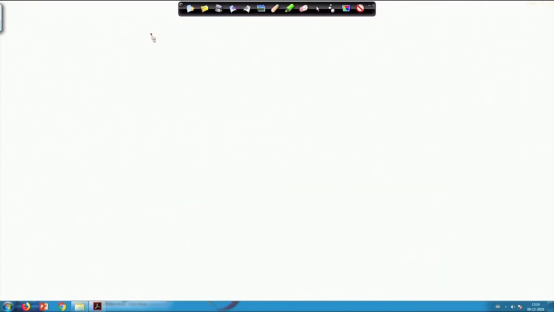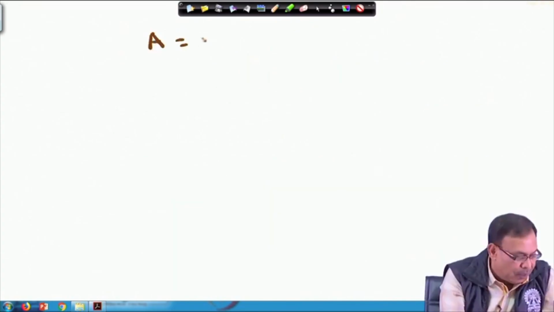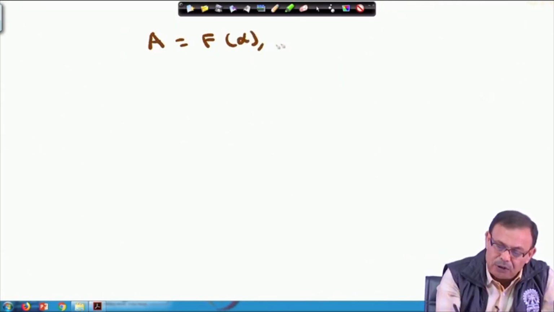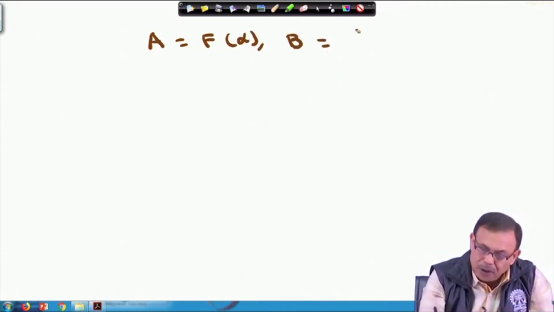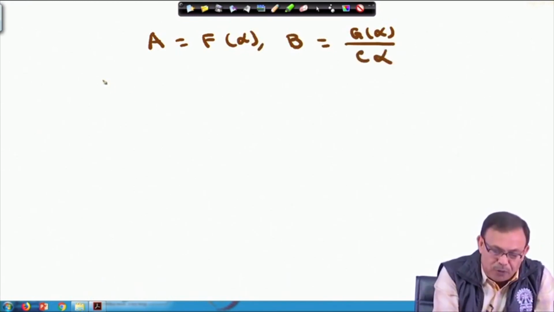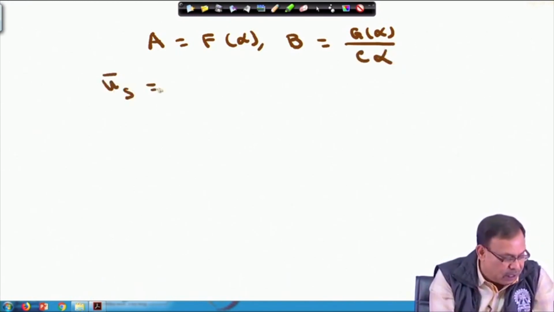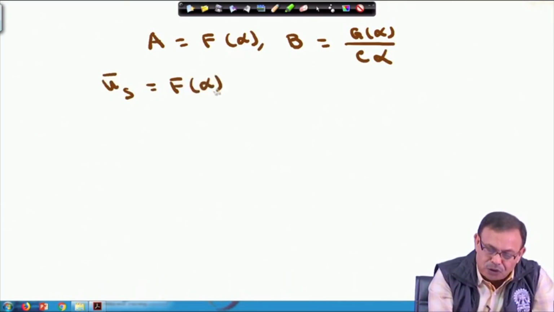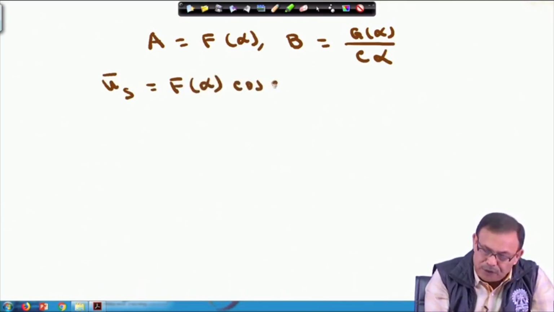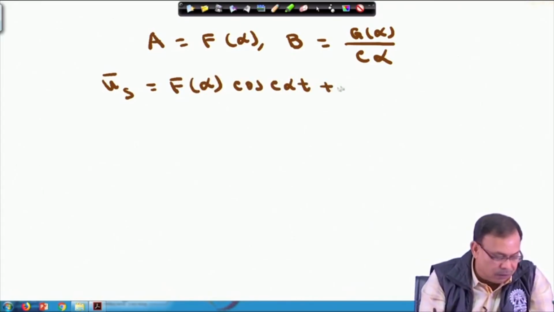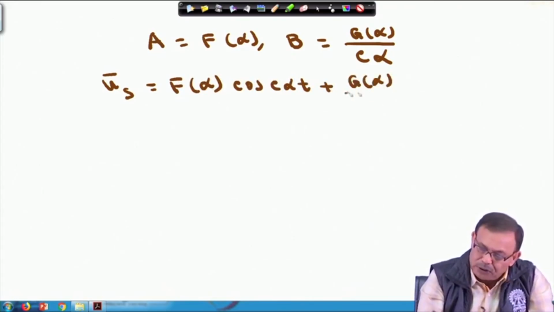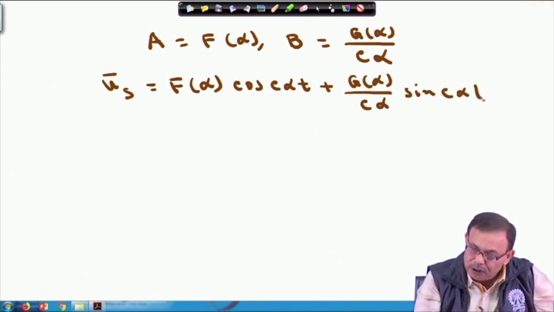So, what are you getting? Your a is F(alpha) and your b is equal to G(alpha) by c alpha. So, u bar you can write down as F(alpha) cos(c alpha t) plus G(alpha) by c alpha into sin(c alpha t).